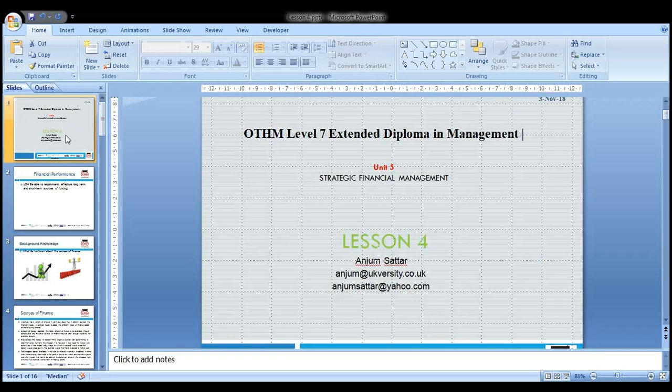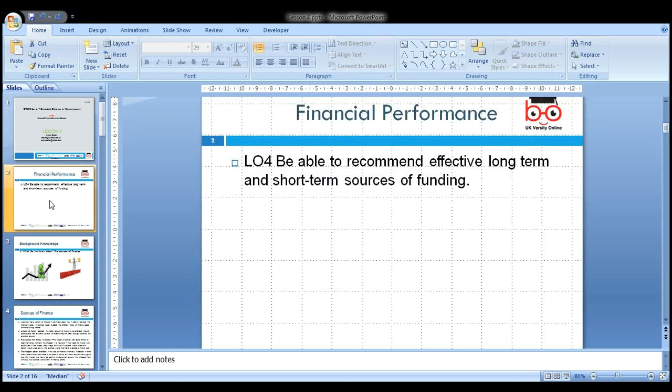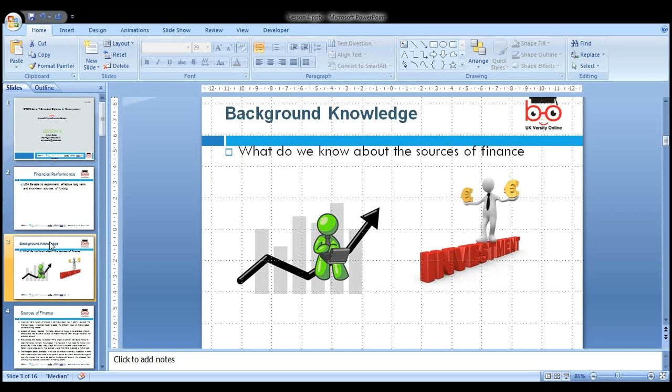Okay, welcome everyone. We'll start our 4th lesson, Unit 5, Financial Management. My name is Anjum, my email address is there, so feel free to drop me an email if you have any question. Today we will discuss being able to recommend effective long-term and short-term or different sources of finance.